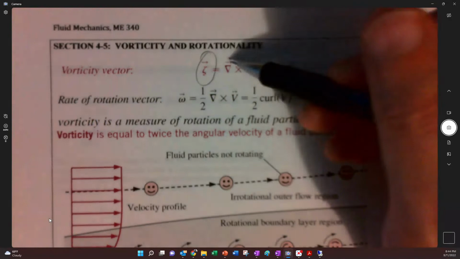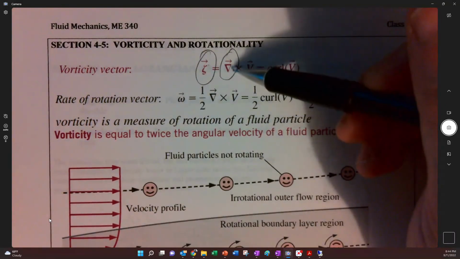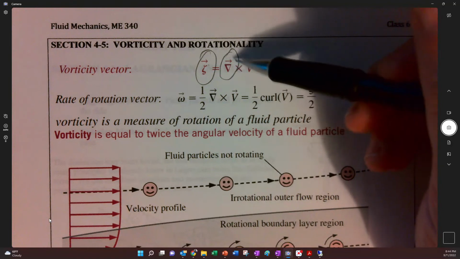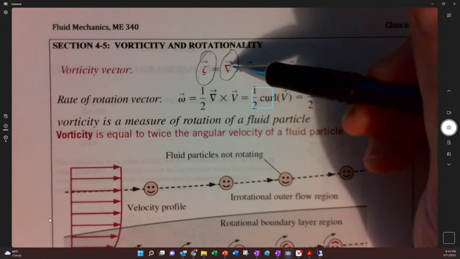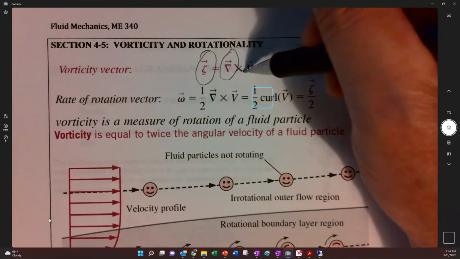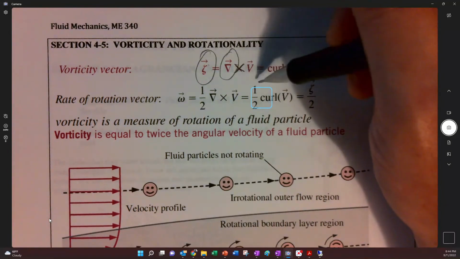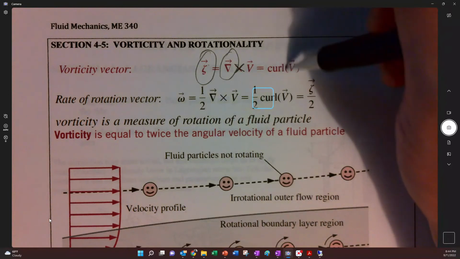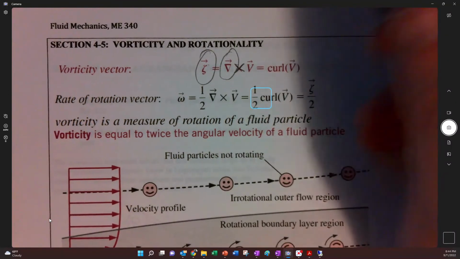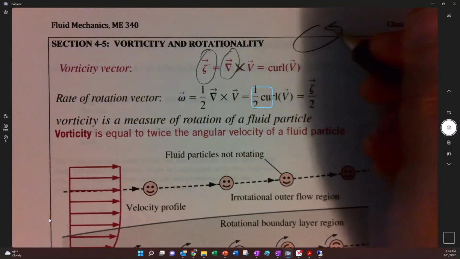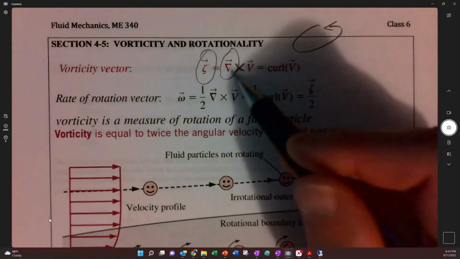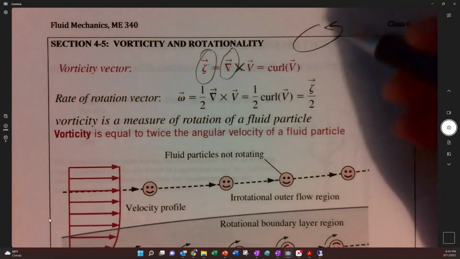But it's our good friend, this operator right here, the gradient. The gradient is the same operator, but now we're crossing it instead of dotting it against the velocity vector. And what that ends up doing is giving us what they call the curl, and I always think of it as a curl like that. It's curling onto the thing, and it's just the cross product of that same operator.